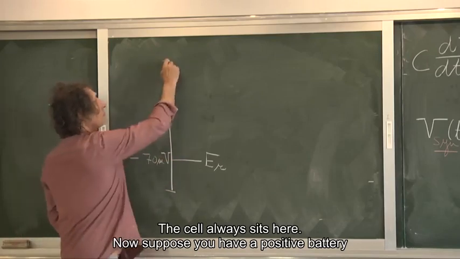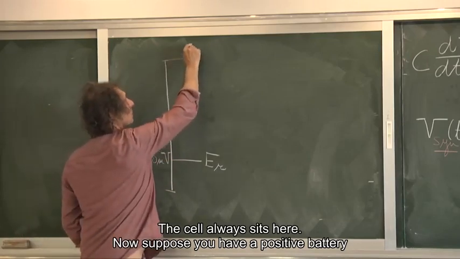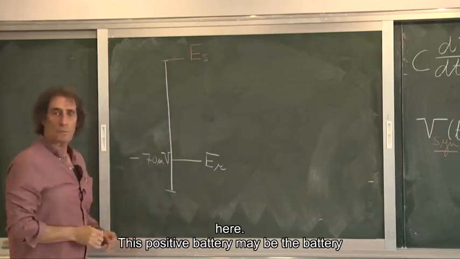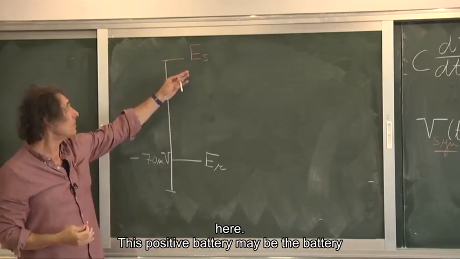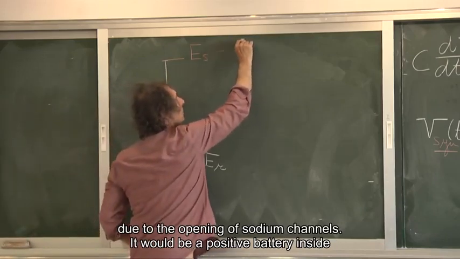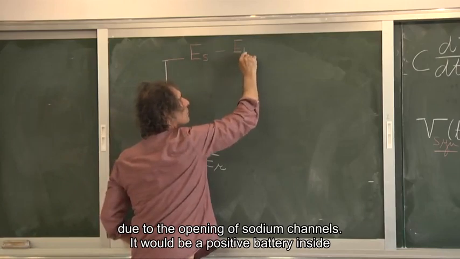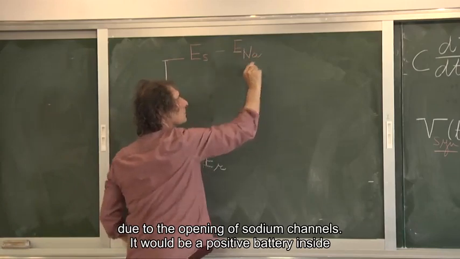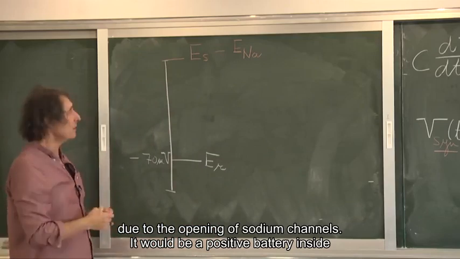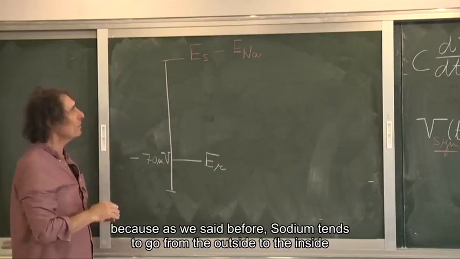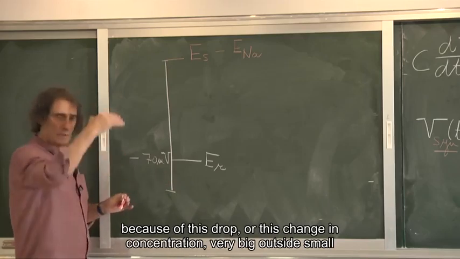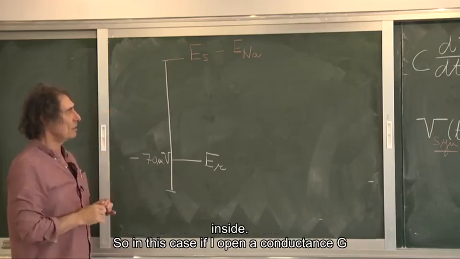Now suppose you have a positive battery here. This positive battery may be the battery due to the opening of sodium channels. It will be a positive battery inside, because as we said before, sodium tends to go from the outside to the inside because of this change in concentration.